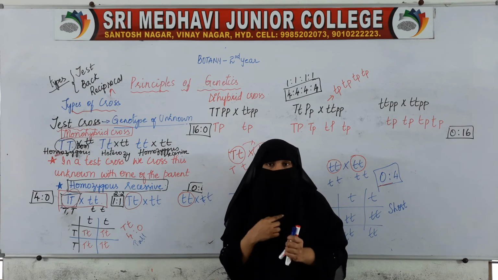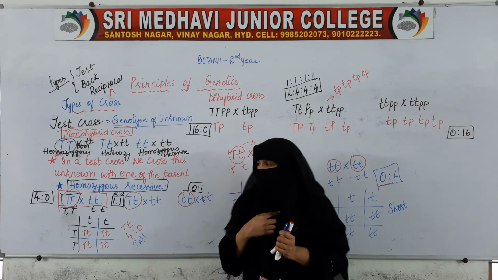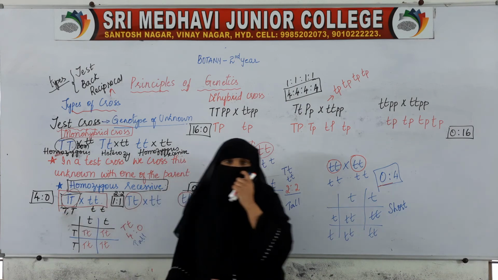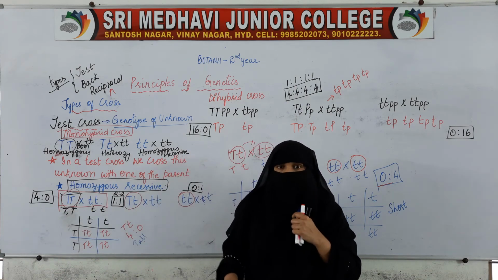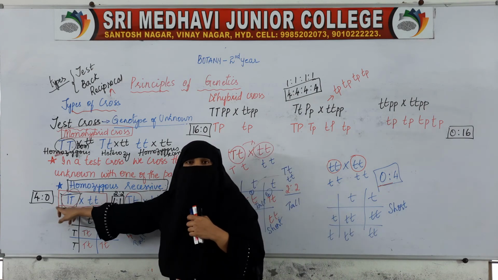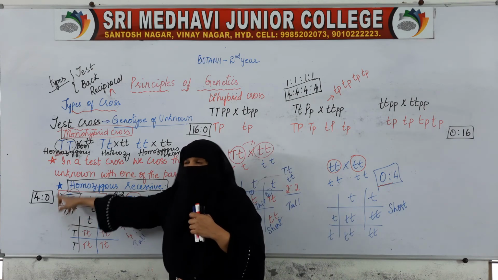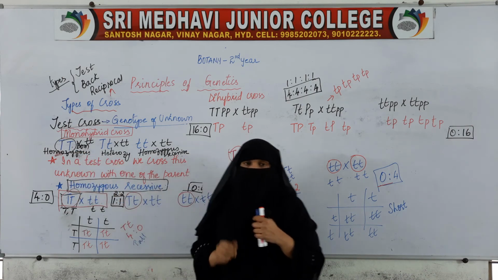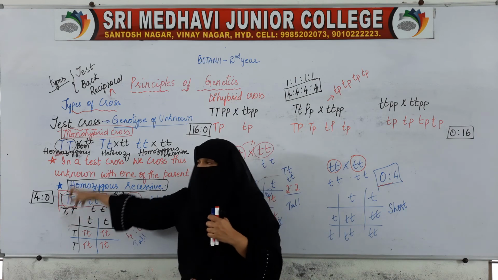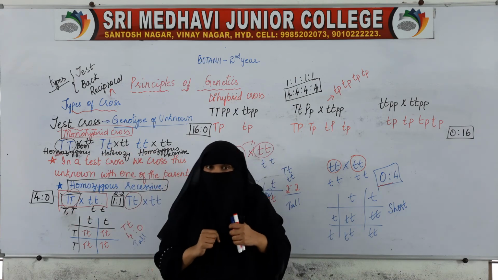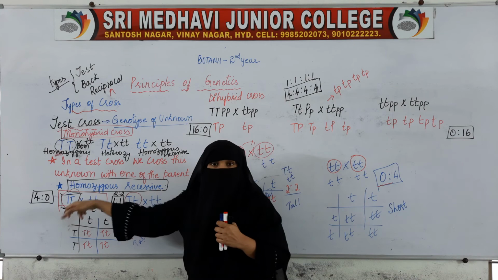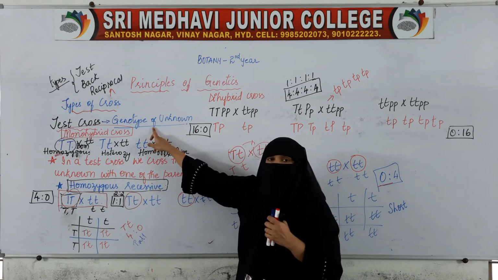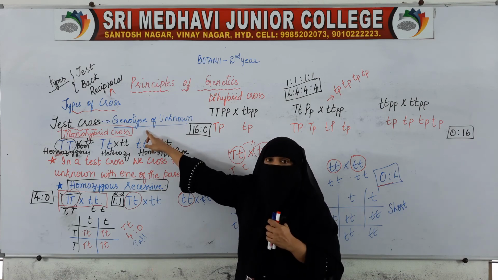So when we see the ratio as 4:0 in a test cross, then the unknown will be homozygous dominant. We will only have the ratio. We don't know the genotype. Ratio will be given, and we have to find out the genotype by taking the ratio.